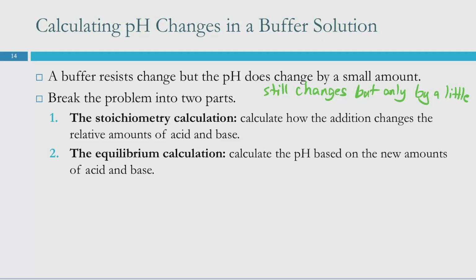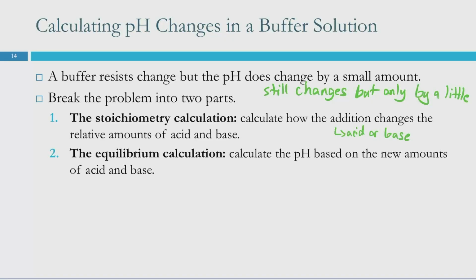To do these problems, we're going to split it into two parts. We're going to do a stoichiometry part, which is not an ice table. It's just stoichiometry, plain and simple. No surprises, no twists, no turns. We're going to calculate how the addition of acid or base changes the relative amounts of acid and base.